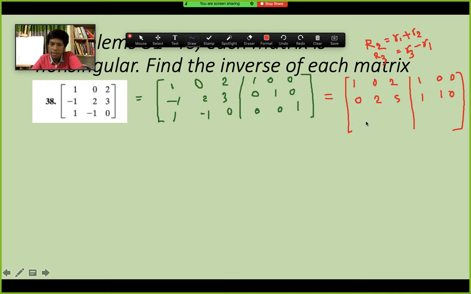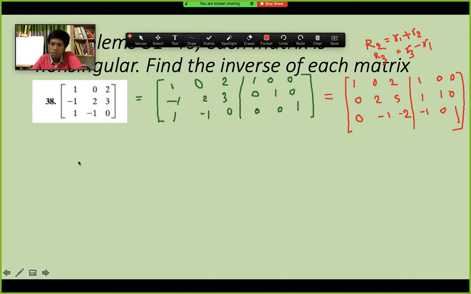So that's the target. This is 0 here, then -1 minus 0 equals -1, and 0 minus 2 equals -2. Then 0 minus 1 means -1, 0, 1. So ultimately we have this here.